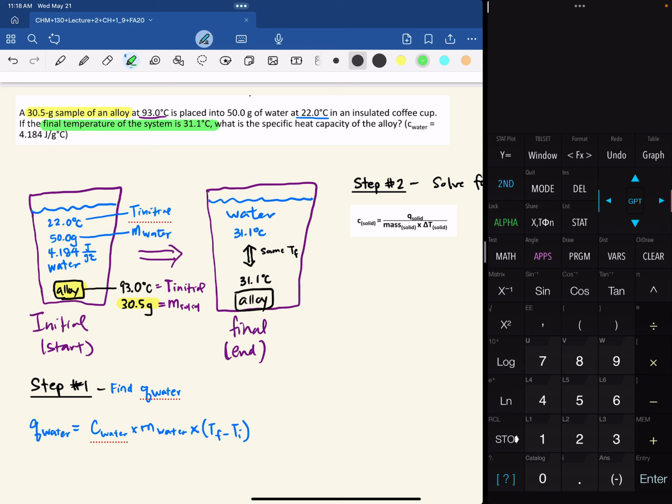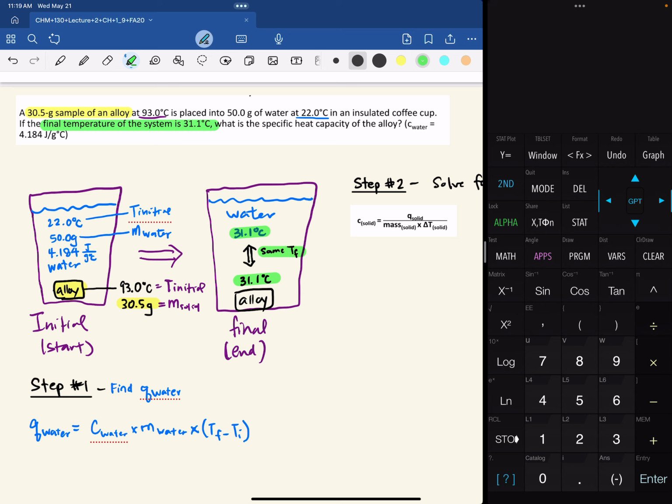So the T final is the same for both the water and the alloy. This is super important to pick up because your T final at the end of every calorimetry experiment should be the same for both things, the water and the metal.